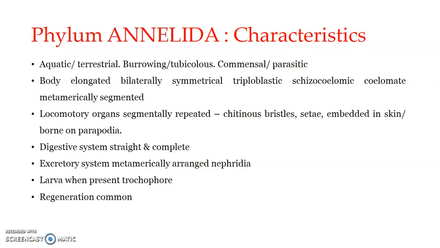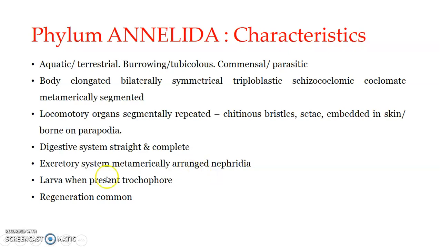The blood vascular system is of closed type, and blood is red due to the presence of hemoglobin or erythrocruorin. Excretion is made possible with the help of nephridia, which are metamerically arranged, that is, in each segment, or it can be said segmentally arranged nephridia.